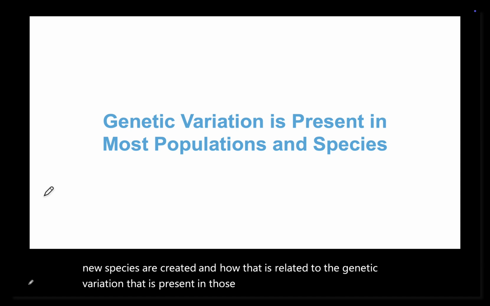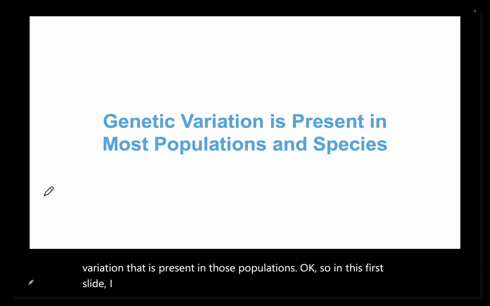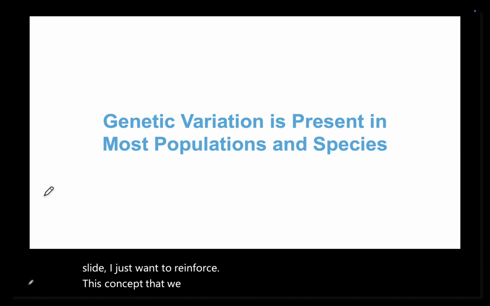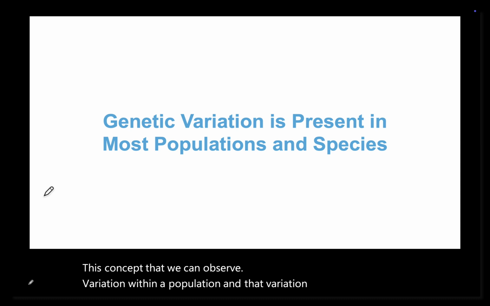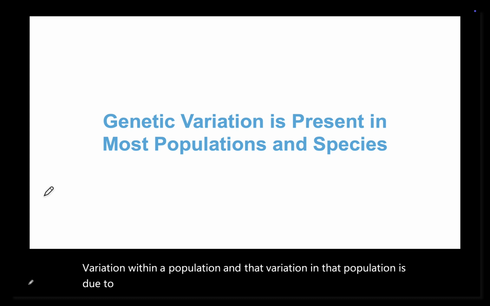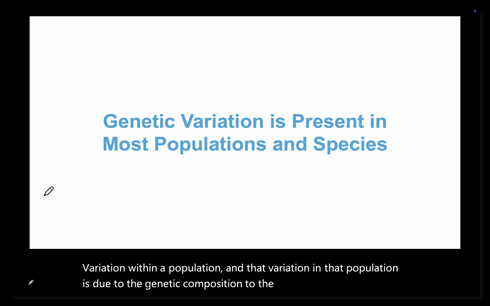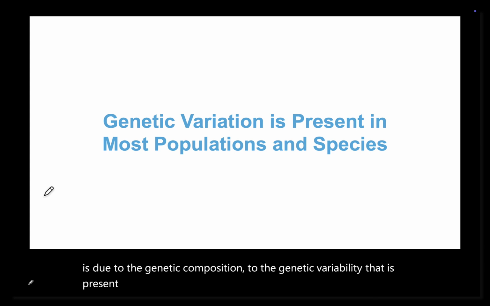Okay, so in this first slide, I just want to reinforce this concept that we can observe variation within a population. And that variation in that population is due to the genetic composition, to the genetic variability that is present within that population.